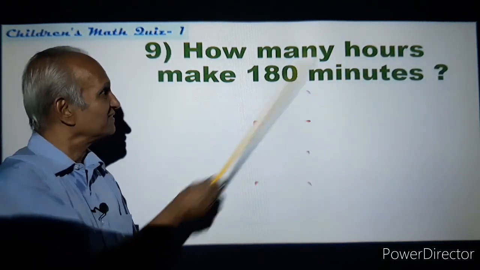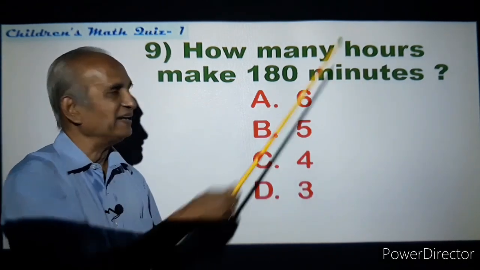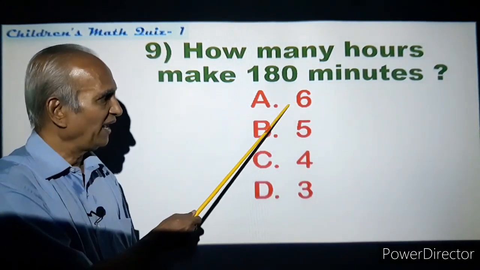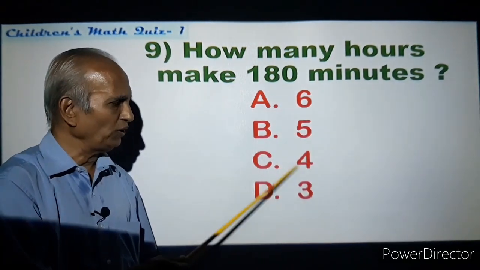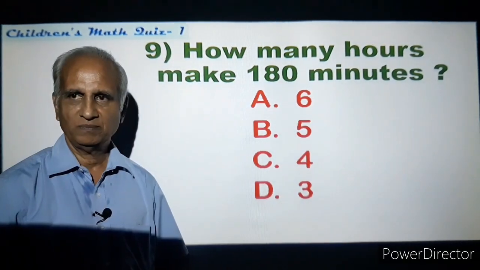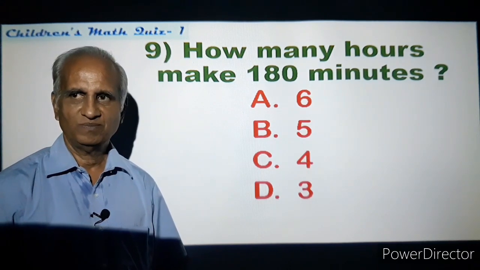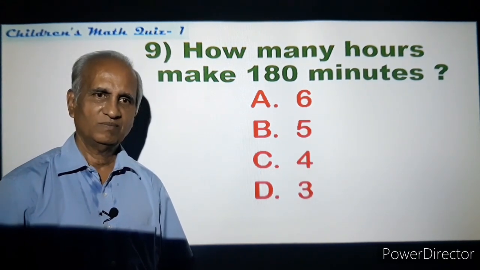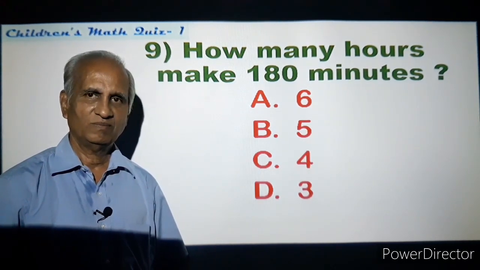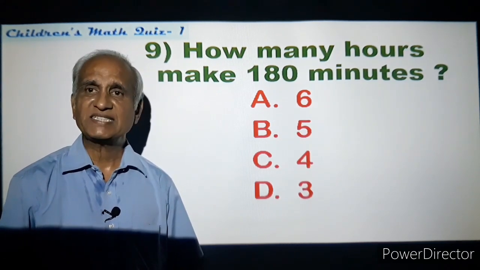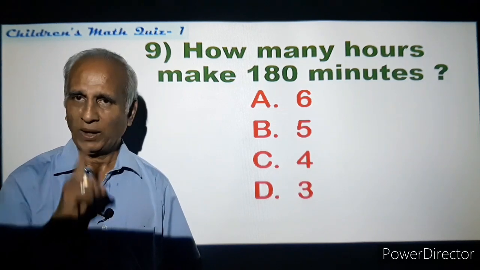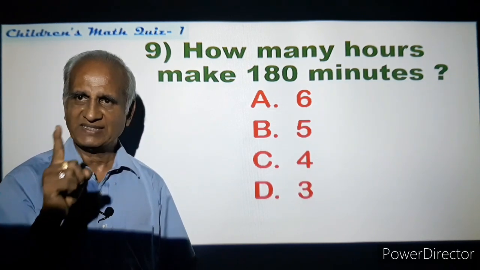9th question. How many hours make 180 minutes? Answers are 6, 5, 4, 3. An hour has 60 minutes. 1 hour has 60 minutes.